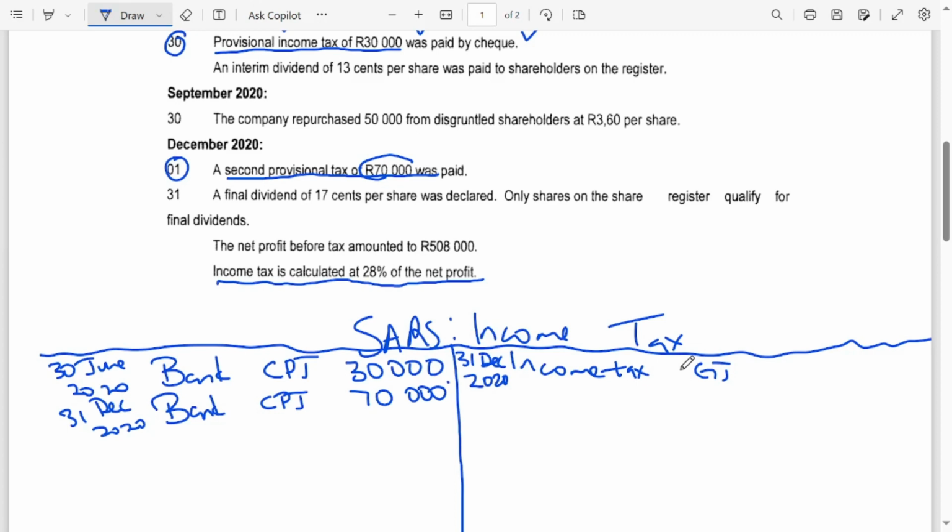So actually the provisional tax, there we are just estimating that maybe the income tax after net profit is going to be this much. But if it happens that you have paid below, it means that you still need to pay Sars.